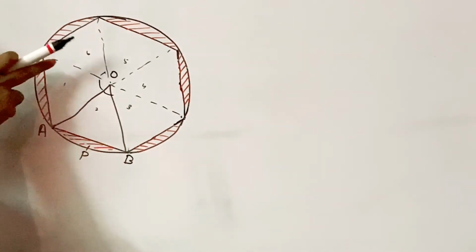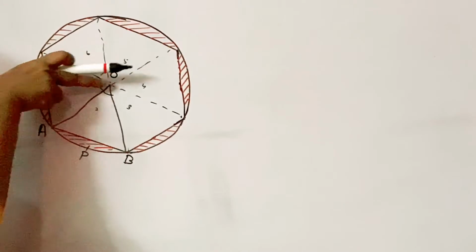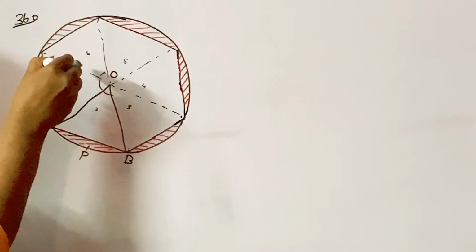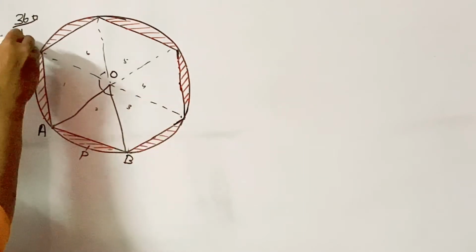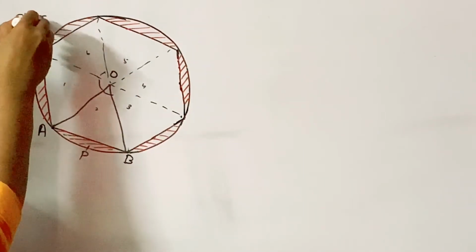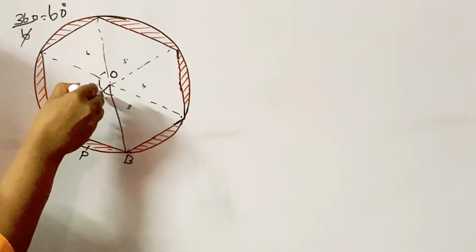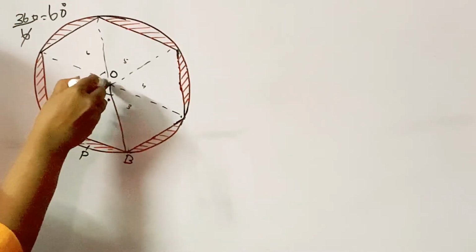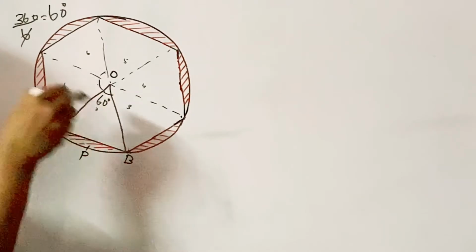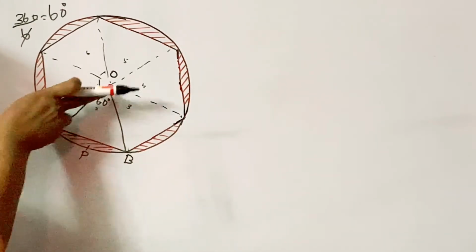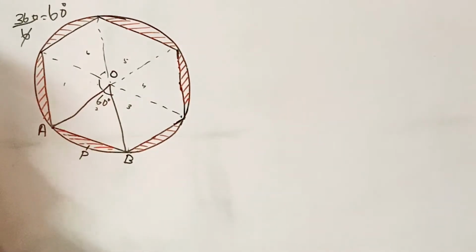How will you find out? See, the total angle in a circle is 360. Divide into how many parts? 6 parts. That is each angle 60 degrees. So this angle is 60 degrees. Then what type of triangle will this be? Triangle OAB. If this angle is 60 degrees, this is an equilateral triangle.